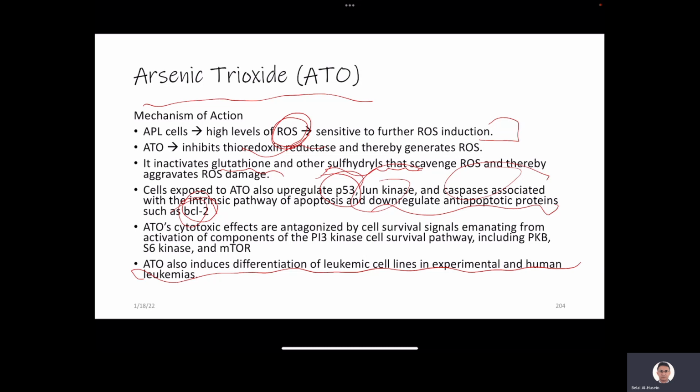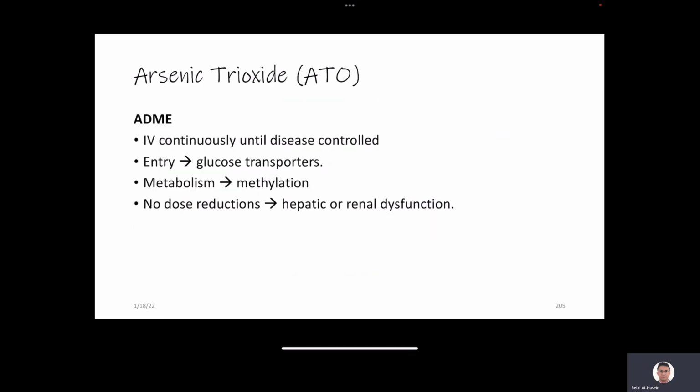So many mechanisms have been proposed for arsenic trioxide. The drug is given IV continuously until the disease, or acute leukemia, is controlled.